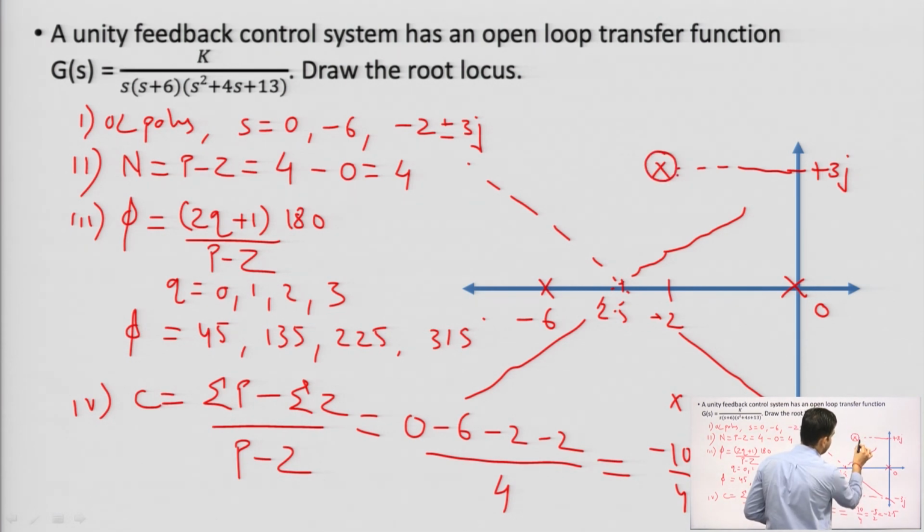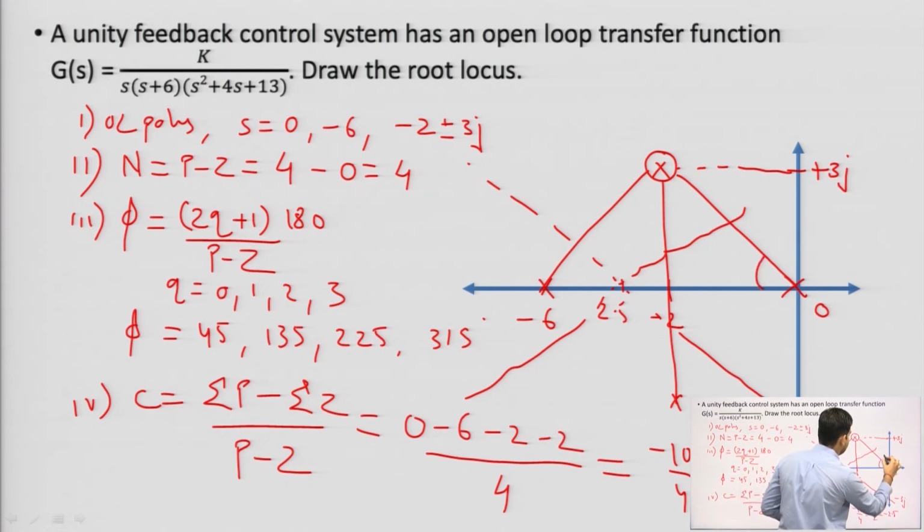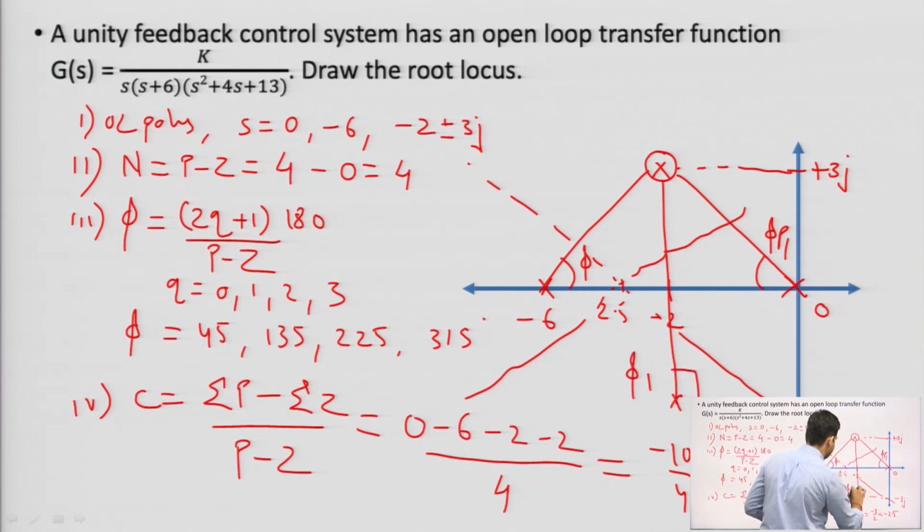Now I will calculate its angle from this pole, from this pole, and from this pole. If a zero is present, you need to calculate the angle contribution from the zero also. So this angle is phi p1, this angle is phi p2, and this angle is phi p3.